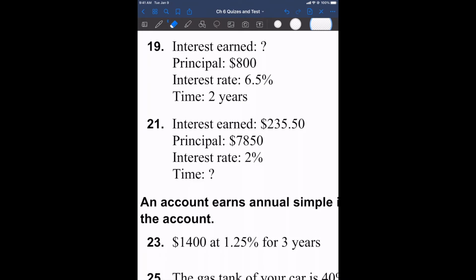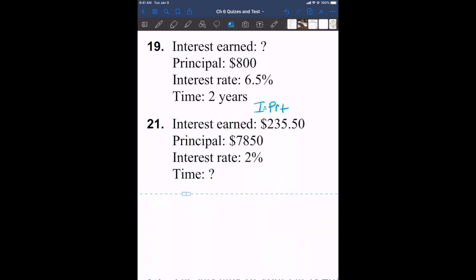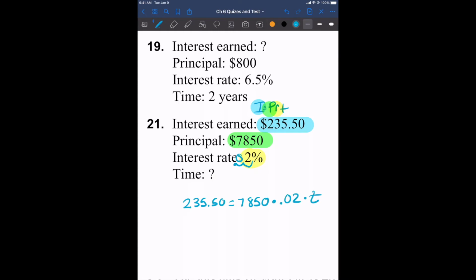Number 21. Use the same equation. All right, I know the interest is my I. I know my principal is my P. I know my rate is my R. I'm looking for T. So it's going to be 235.50 equals 7,850 times 0.02 times T. How do I get T by itself?